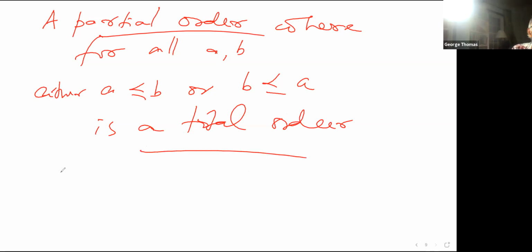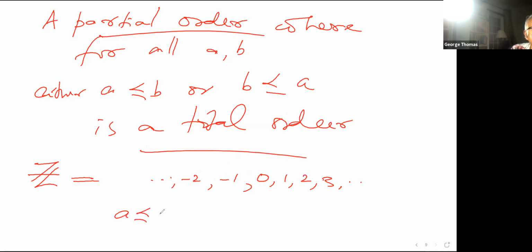So I gave you an example. Another example is the famous integers, starting at 0, 1, 2, 3, and -1, -2. Here too, A is less than or equal to B if and only if B minus A is greater than or equal to 0 will work.